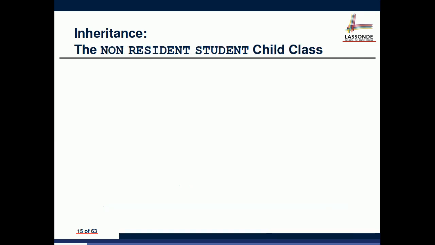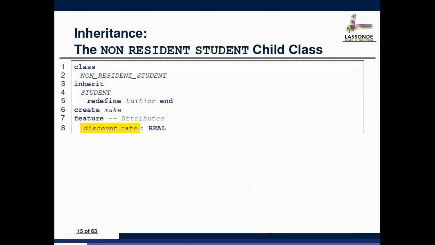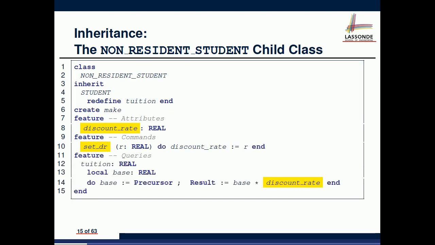And now it shouldn't be too surprising if you look at the non-resident students. Tuition is also redefined in line number 5, and then in line number 14, I'm saying that I'm going to reuse the Precursor code from the student class. And then I'm going to calculate the base and multiply by the discount rate for this particular non-resident student.